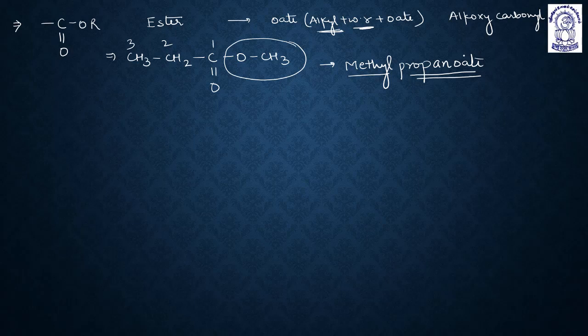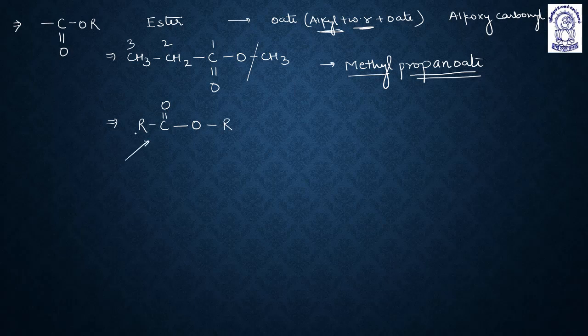So alkyl alkanoate. It is better to remember it like this: R C double bond O R'.